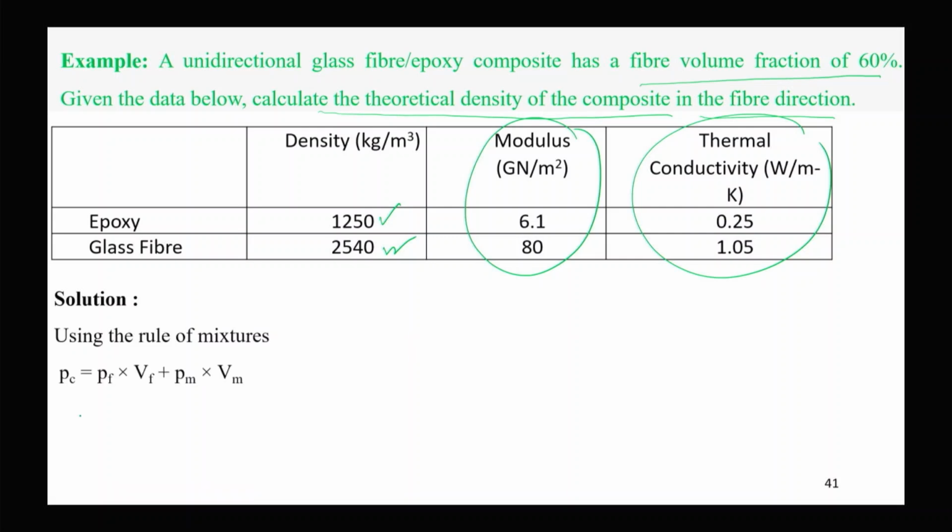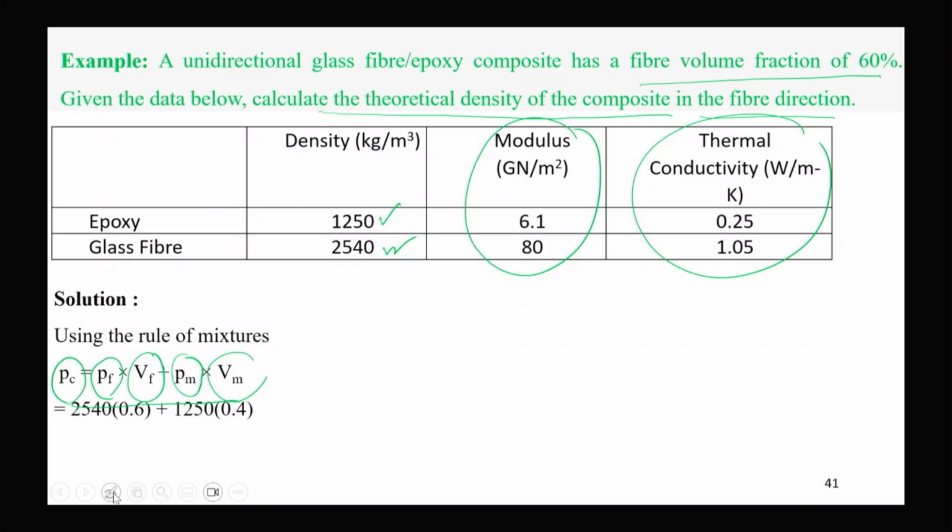This is the rule of mixture, where density of composite equals density of fiber multiplied by volume fraction of fiber, plus density of matrix multiplied by volume fraction of matrix.